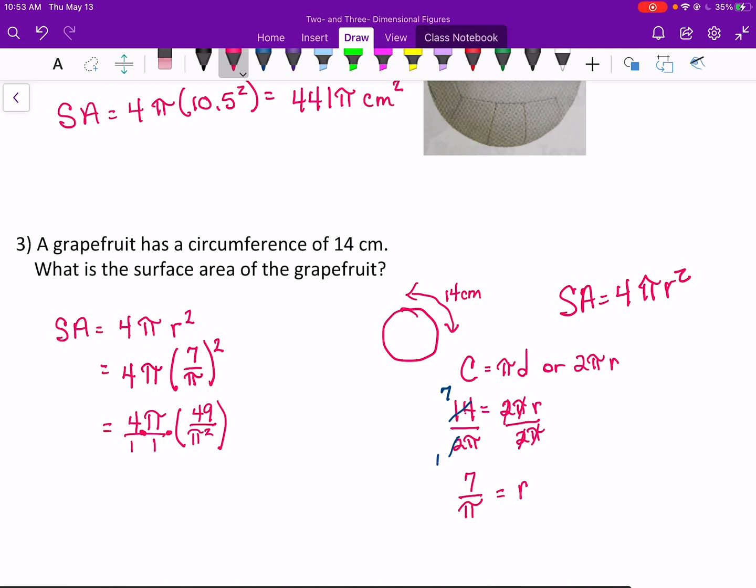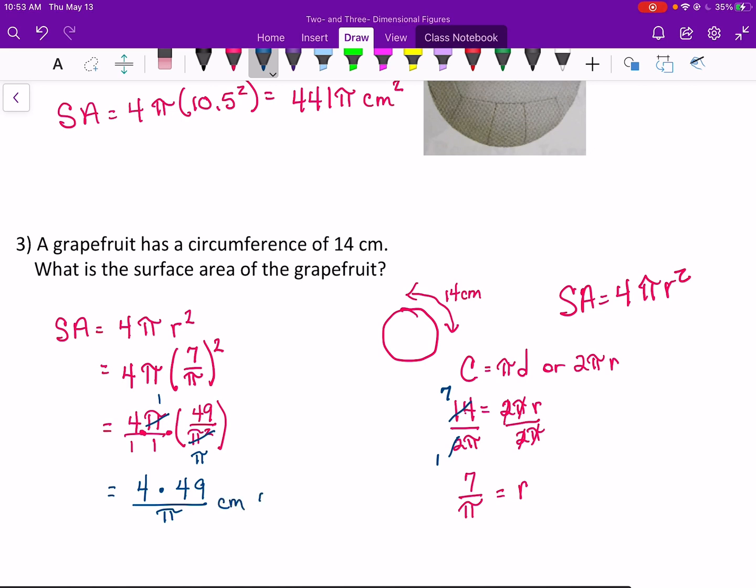I could punch all of that in the calculator. I'm going to do a little canceling first. I can cancel out a pi out of each one of these. And then I will have 4 times 49 in my numerator over pi in my denominator.